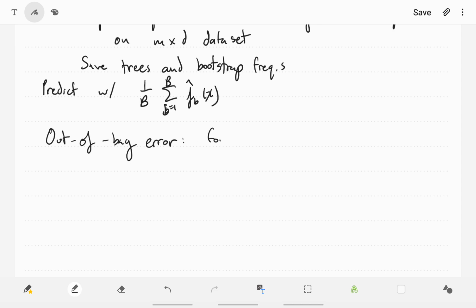So for each x_i, y_i pair, we can let capital B_i be the bootstrap samples without i.